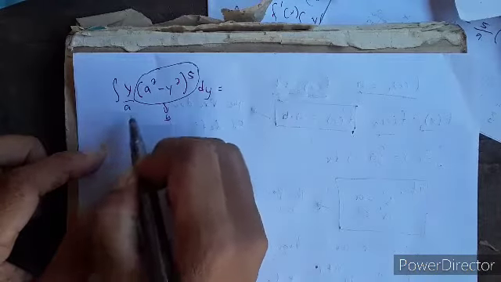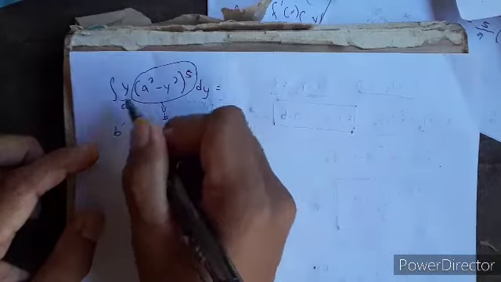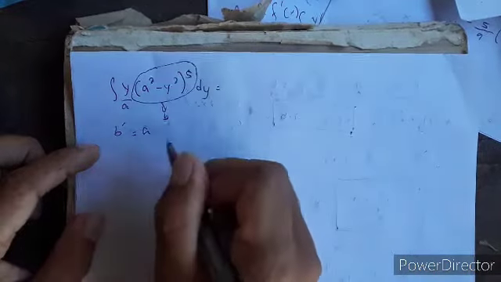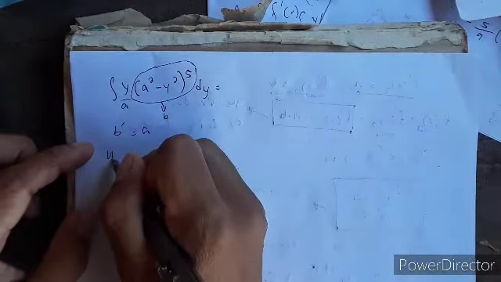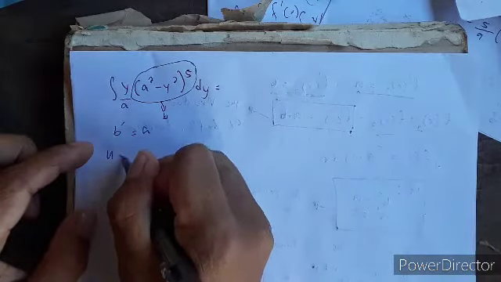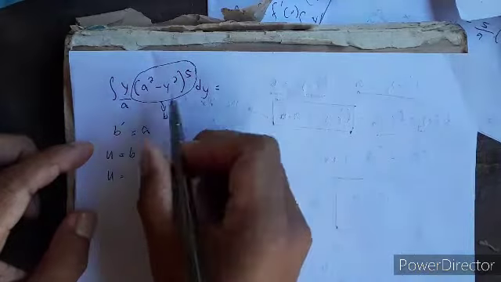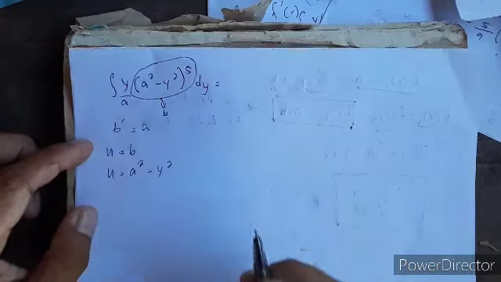B is the second function, a is the first function. Therefore, if b prime is equal to a, we can represent b as our u. So u is equal to b, which is a squared minus y squared.